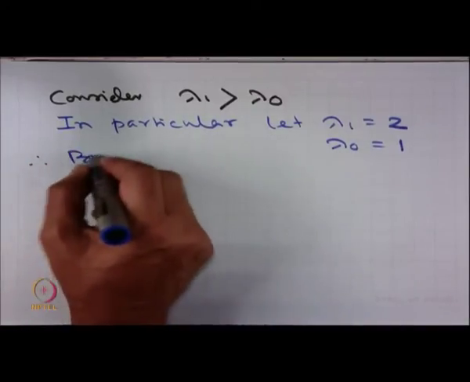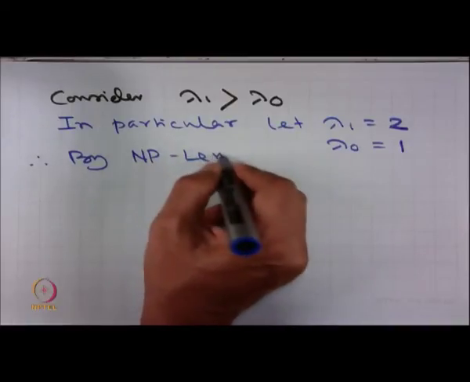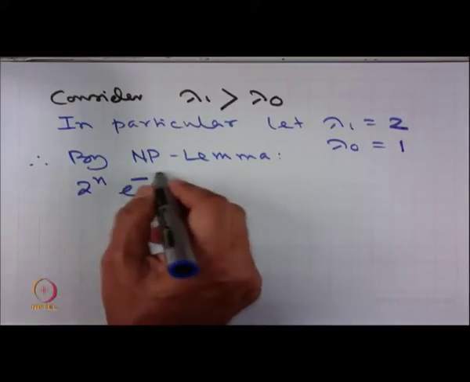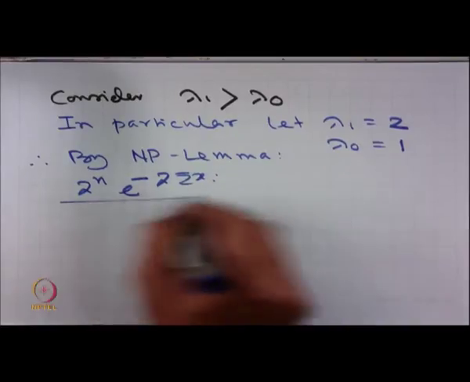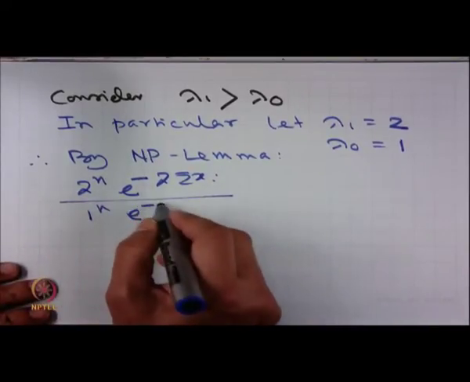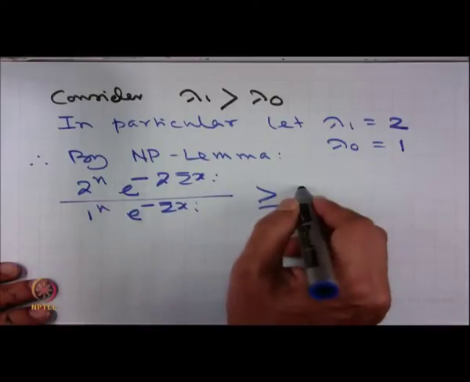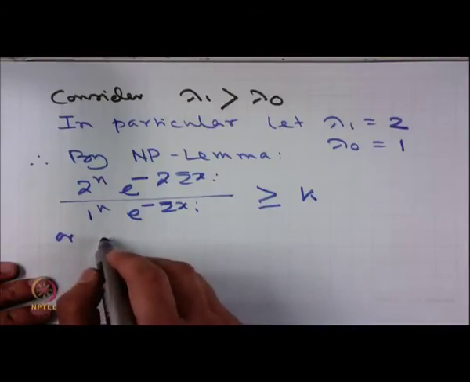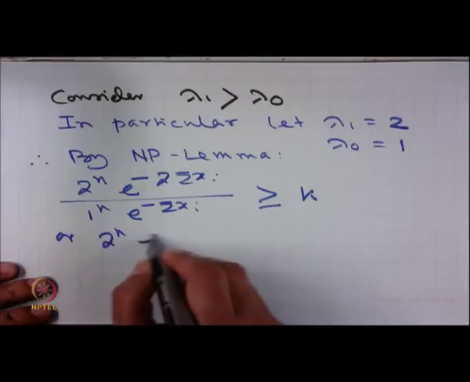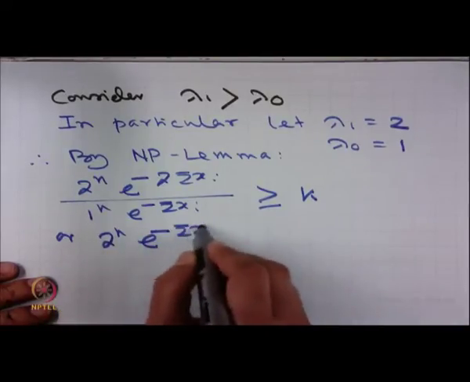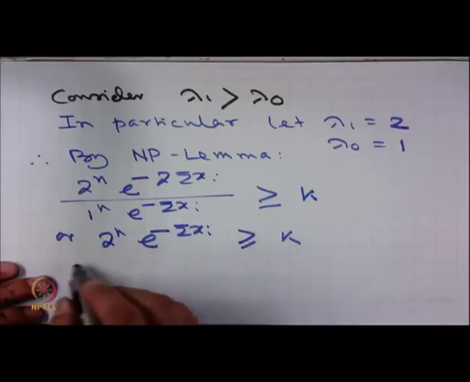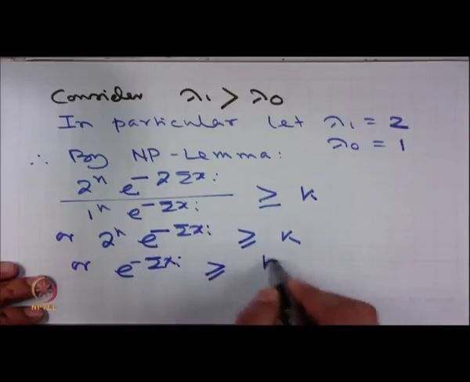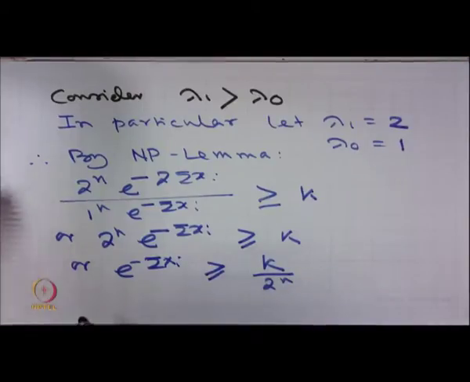Therefore, by NP lemma, 2 to the power n e to the power minus 2 sigma xi upon 1 to the power n e to the power minus sigma xi is greater than or equal to k, or 2 to the power n e to the power minus sigma xi is greater than or equal to k, or e to the power minus sigma xi is greater than or equal to k upon 2 to the power n.